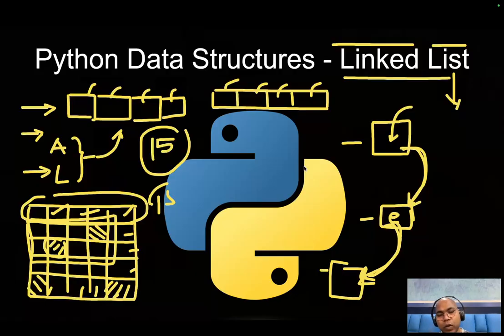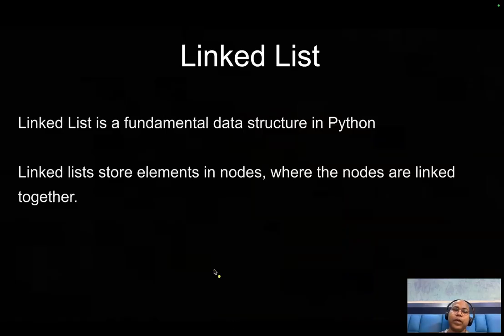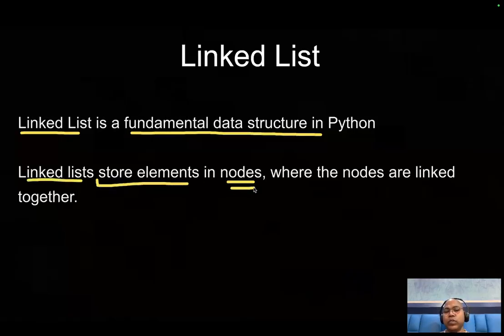So let's talk about how we can implement this linked list data structure in Python. Linked list is also a fundamental data structure in Python, and it stores elements in nodes.